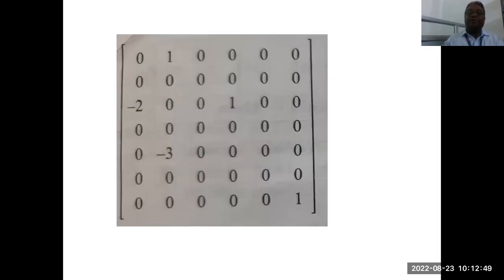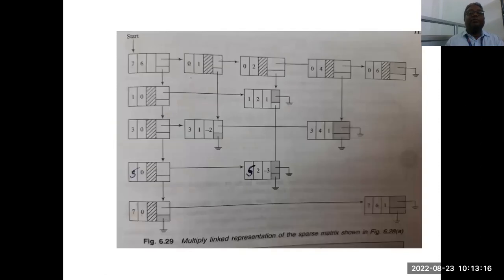Consider this example. Here, this matrix is 7 by 6, that is 7 rows and 6 columns, among which there are only 5 non-zero elements: 1, -2, 1, -3, and 1. These 5 non-zeros are to be stored instead of storing all the zero values.